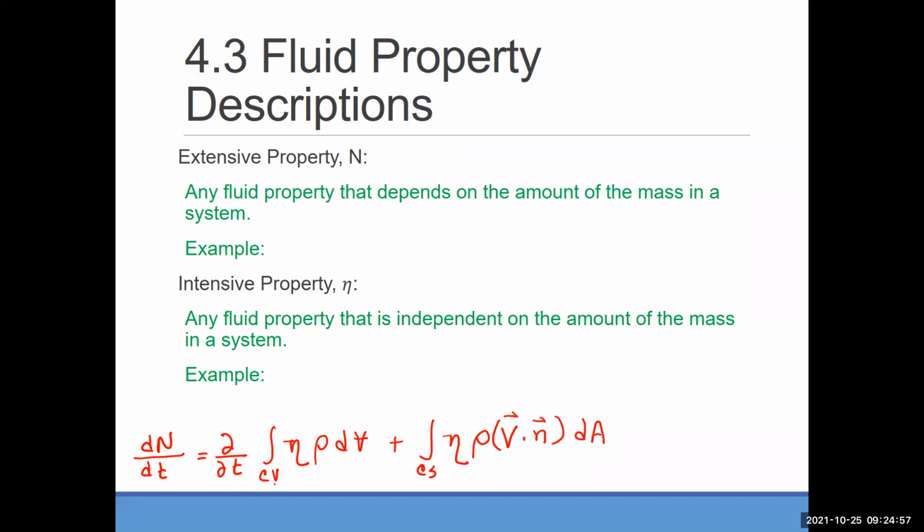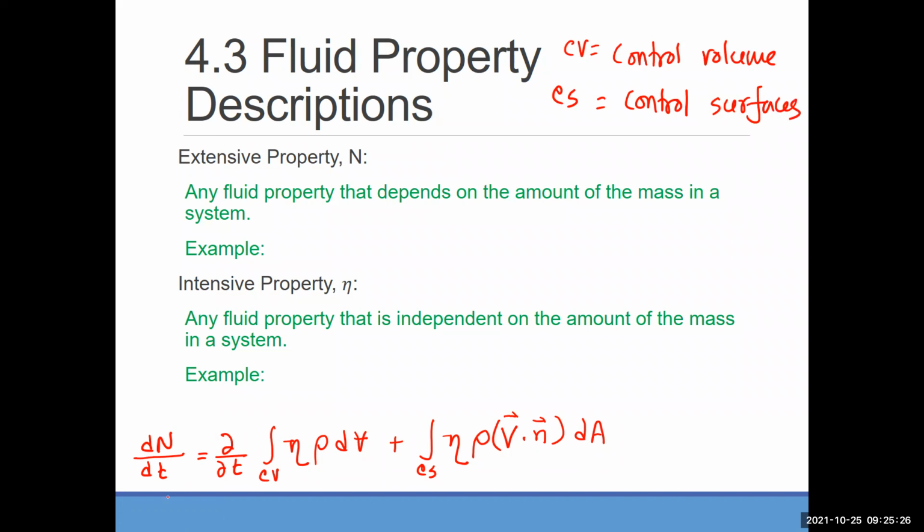Okay, CV means control volume. Okay, and CS means what? Control surfaces, and obviously the open control surfaces. We are not doing anything with.